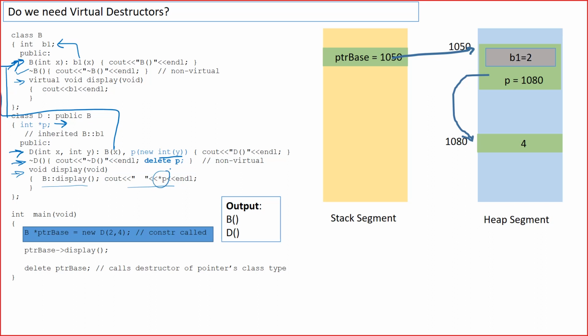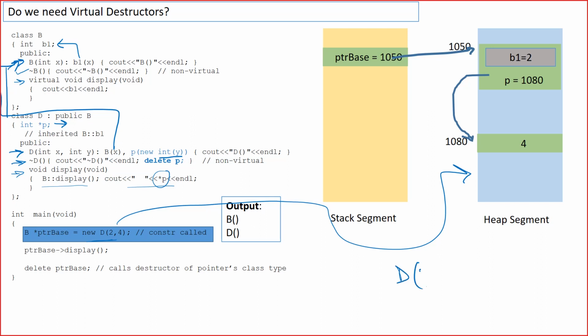Okay, so now what we are doing is creating a base type pointer called pointer base, and we are creating a new object D. D type object, whenever this is created, it is created in the heap segment. So what happens when we create D?